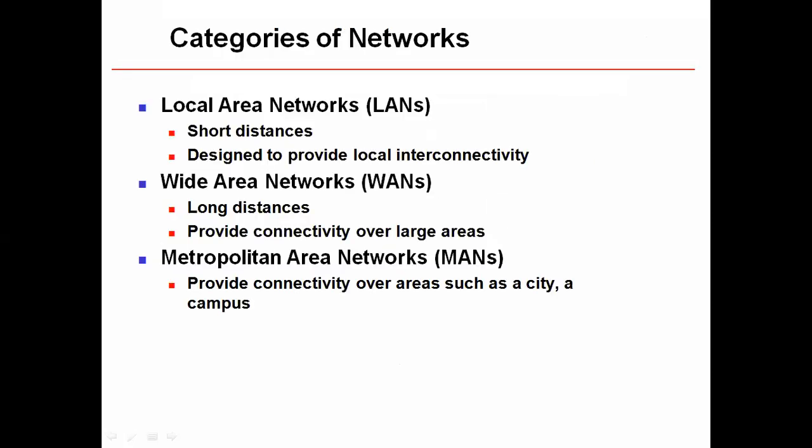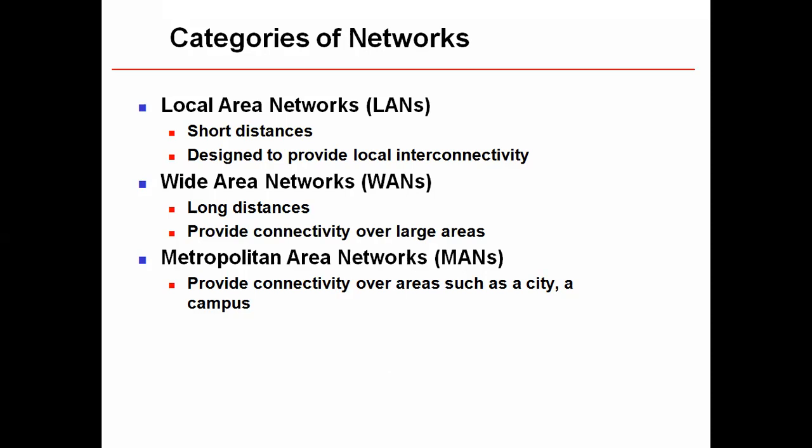The next one is the categories of networks. So actually speaking, we have three types of networks available. One is the local area network. The second one is wide area network. The third one is metropolitan area network. We are very familiar with LAN, and we know wide area network also.